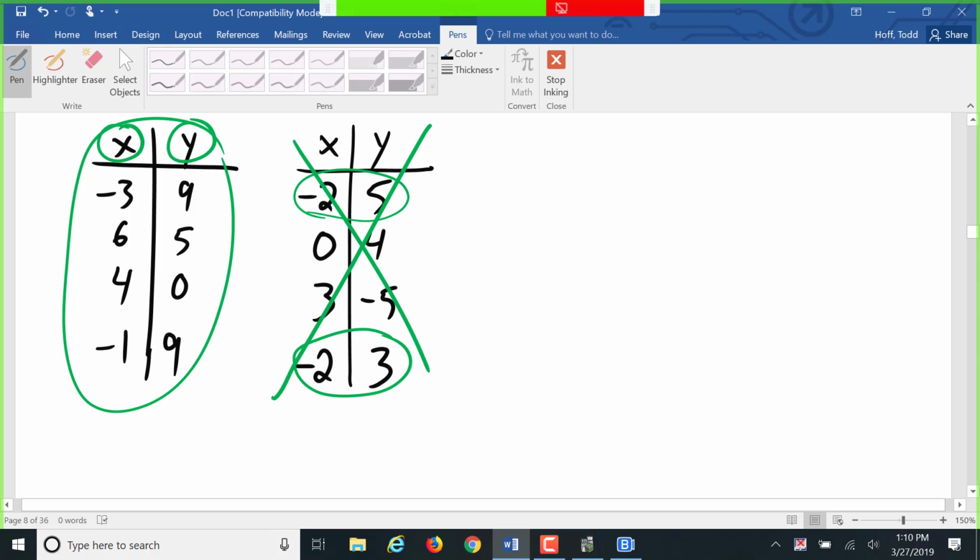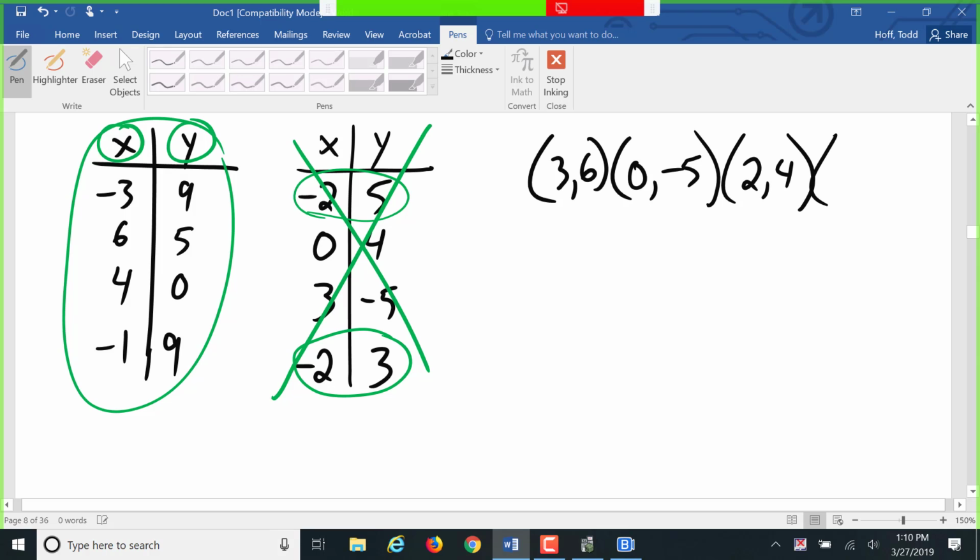We can use a similar strategy for ordered pairs. Is that a function?